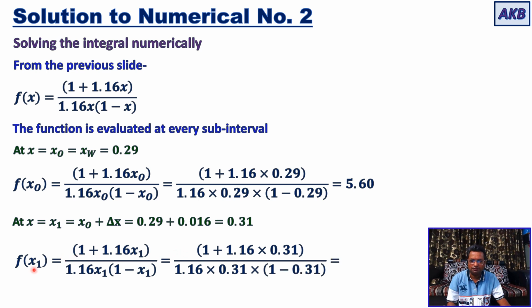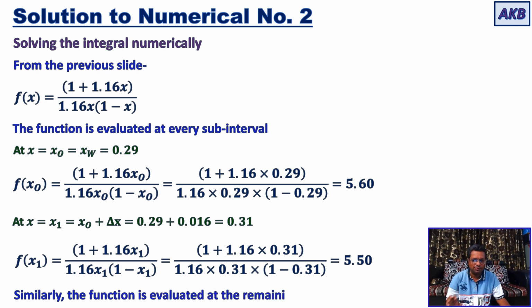That is f of x1 is 1 plus 1.16 into x1 divided by 1.16 into x1 into 1 minus x1, that is 1 plus 1.16 into 0.31 divided by 1.16 into 0.31 into 1 minus 0.31, which comes out to be 5.50. Similarly, for each subinterval we are going to evaluate the function, because we need that in the formula.